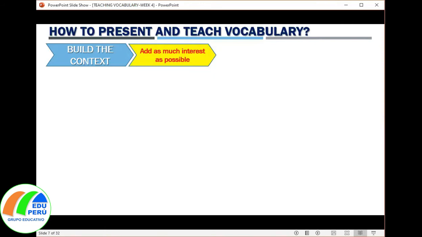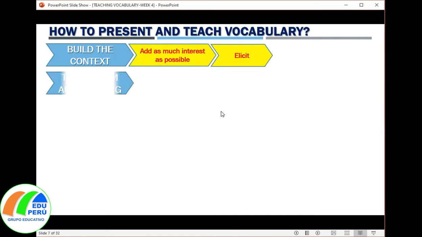You are going to make your students be interested in this kind of vocabulary you are teaching or presenting. So we are going to elicit, notice, elicit. We are going to encourage them to know new words, new vocabulary. So this is one of the important aspects when we talk about presenting and teaching vocabulary.